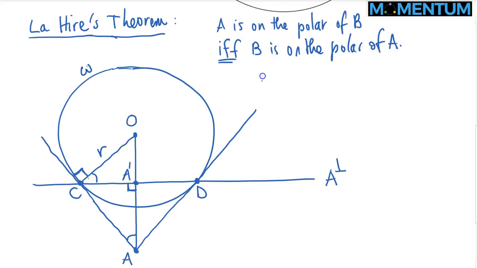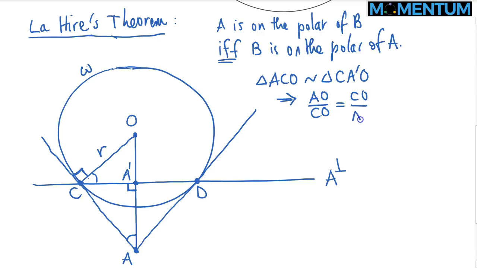And obviously triangle ACO is similar to triangle CA prime O, and this would imply, by chasing the lengths, that AO to CO is congruent to CO to A prime O.